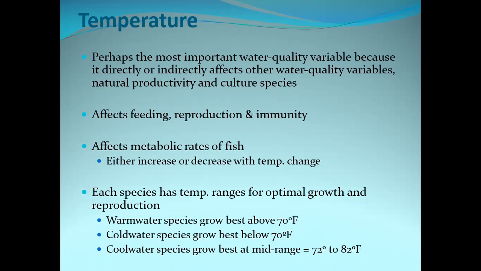So in the Caribbean, we would grow primarily warm water species because our external environment will dictate a warm water type environment. We don't really have cold water or cool water here, because we have very limited extremes and fluctuations of ambient temperatures.